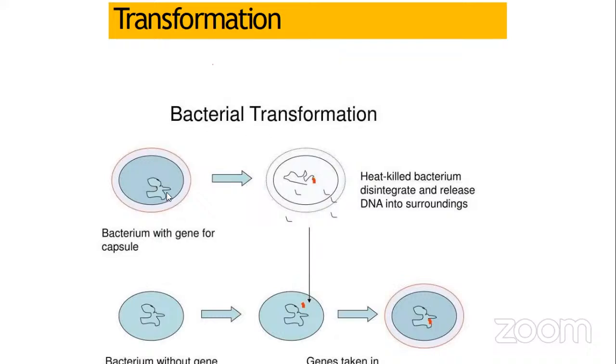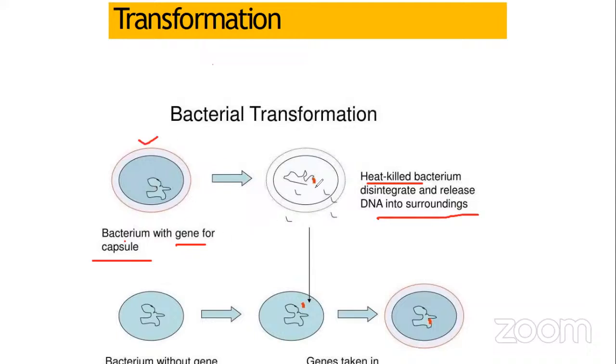So here is the bacteria transformation, the two bacteria. A bacterium with a gene for capsule. This is the heat killed bacteria, which disintegrates and releases the DNA into the surroundings. This is the normal bacteria.